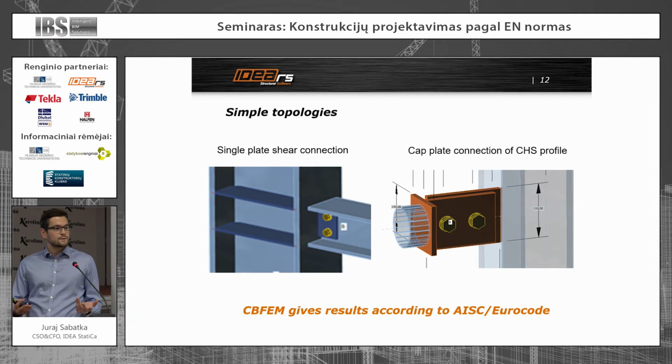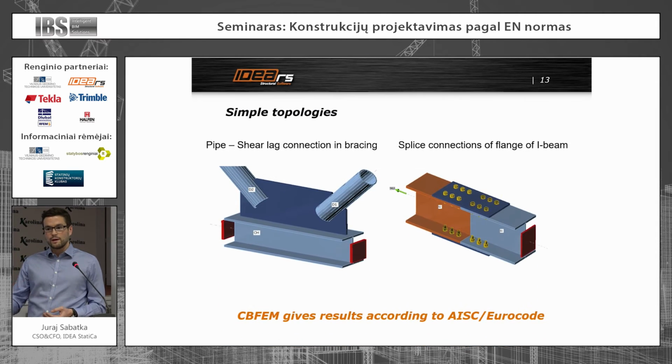And when you come up with something new like this, you need to prove that it's working. So what we did is that we partnered up with top technical universities, and we took 40 examples of standard connections described in the guidelines in the book. We recalculated them with our software and compared the results.